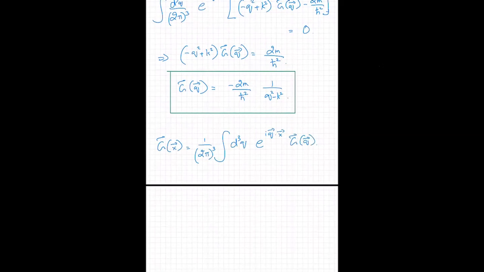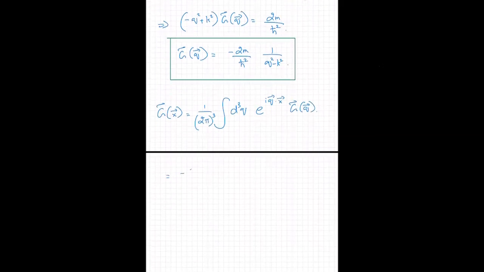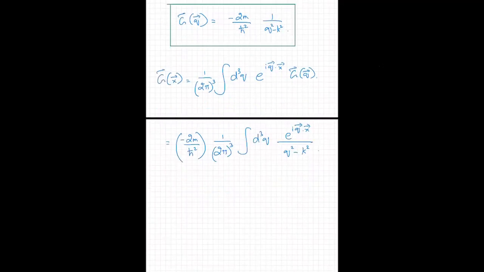So if I use this, my Green's function in position space is minus 2m over h bar square 1 over 2 pi quantity cube integral d cube q e to the i q dot x divided by q square minus k square. Okay, is that fine? Any questions or comments about this? Okay, so if there's no questions, let's proceed.